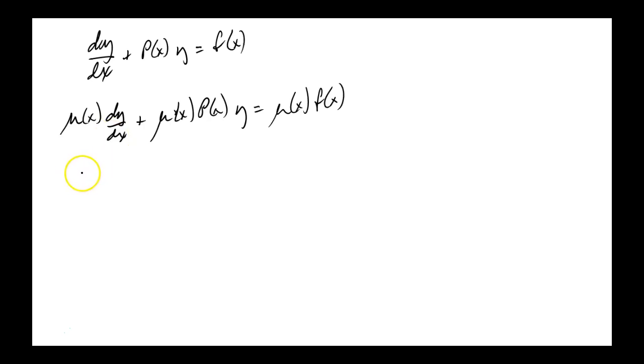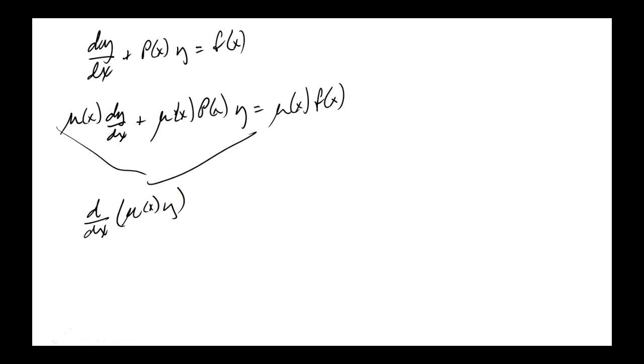So we want this thing to funnel down and be d/dx of mu of x times y. That's what we want it to be.